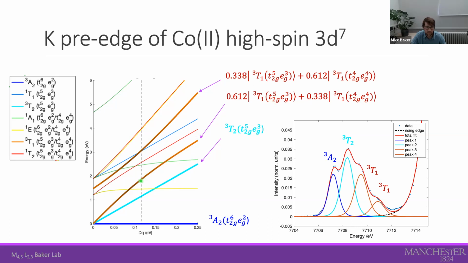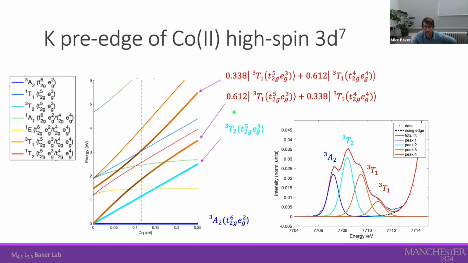If we take our crystal field diagram at the Dq value here, where it seems to be lining up with experiment, you can see we have this avoided crossing with two states that are mixed with respect to each other. If we have a look at how those states are mixed at that cut, we can see we've got this.